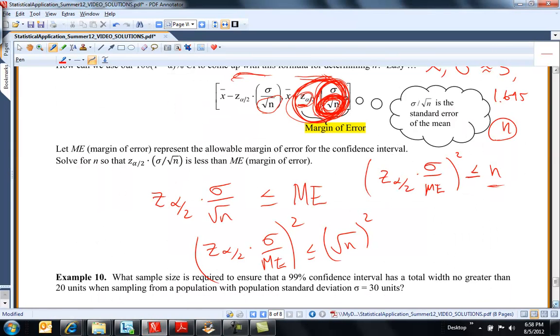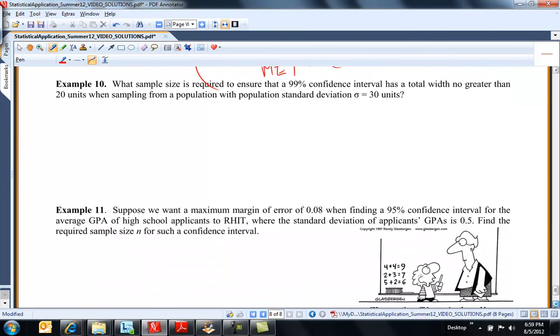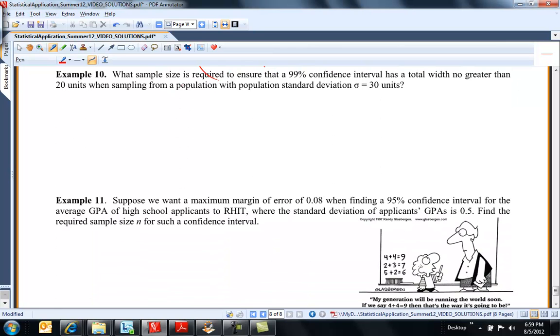Okay, so let's do maybe both examples since I only have two. What sample size is required to ensure that a 99% confidence interval has a total width no greater than 20 units, when sampling from a population with population standard deviation 30 units?